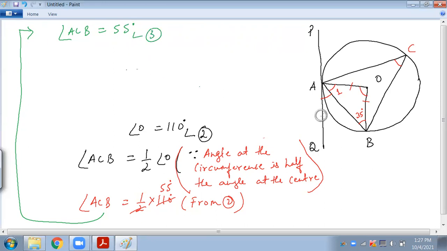Now we got ACB, and we can find BAQ. How to find BAQ? Look, AB is a chord and PQ is a tangent.